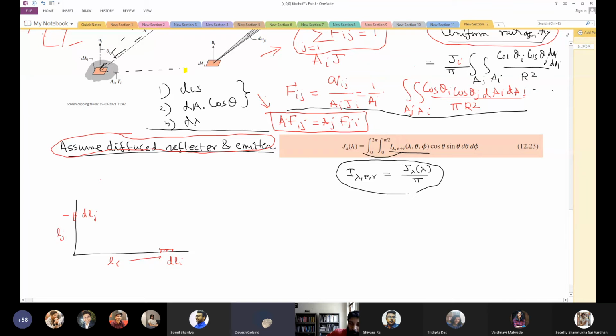No, that cannot be done, because different portions will have different angles and may receive different energy, and their distances will also be different. So yes, everything will be accounted for in theta, right?